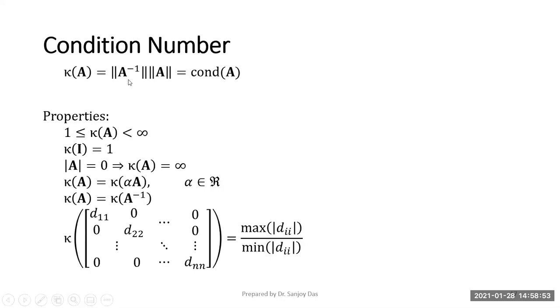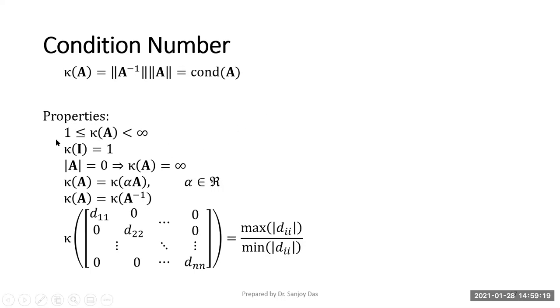And by definition, if A is not invertible, then A inverse does not exist, right? In that case, by definition, the condition number is infinity. The higher the condition number, the worse the quality of the matrix, informally. So it's good to have a small condition number.